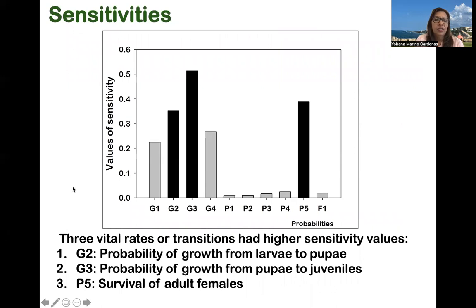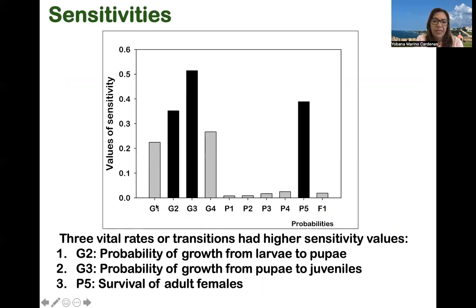Here are the results from sensitivity analysis. In the y-axis are the values of sensitivity, or the value of the contribution of each life stage of the CBB, or life transition of the CBB, to the population growth rate. And here are the different probabilities.